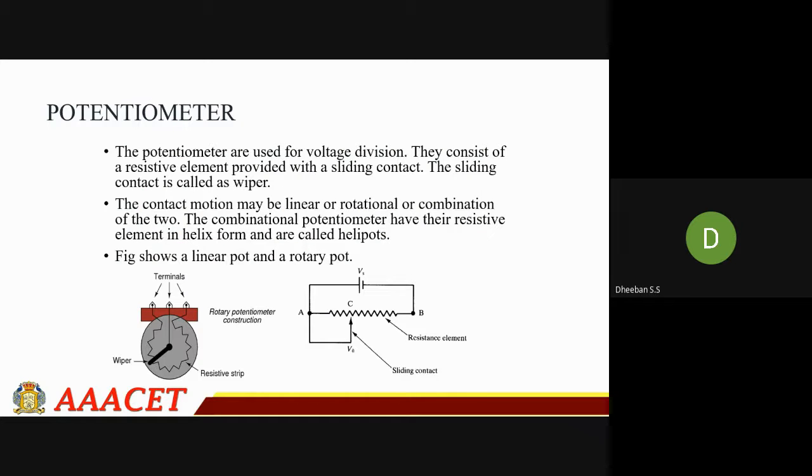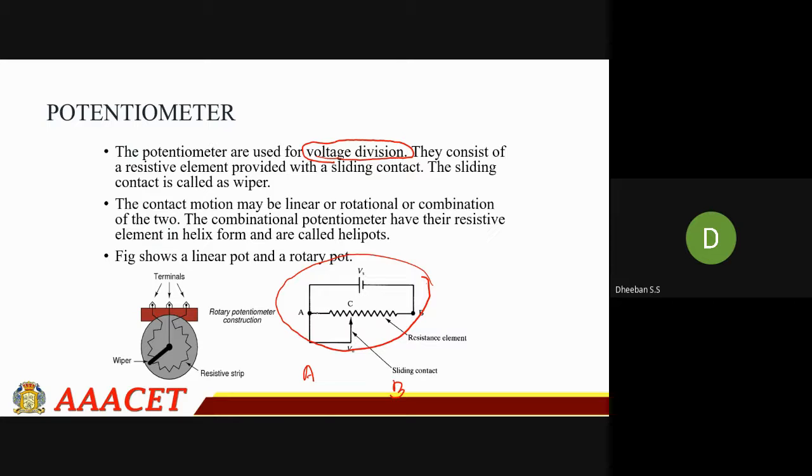Starting with the potentiometer, potentiometers are used for voltage division. The voltage drop can be varied within a wide range, here from A to B. This is a potentiometer circuit.